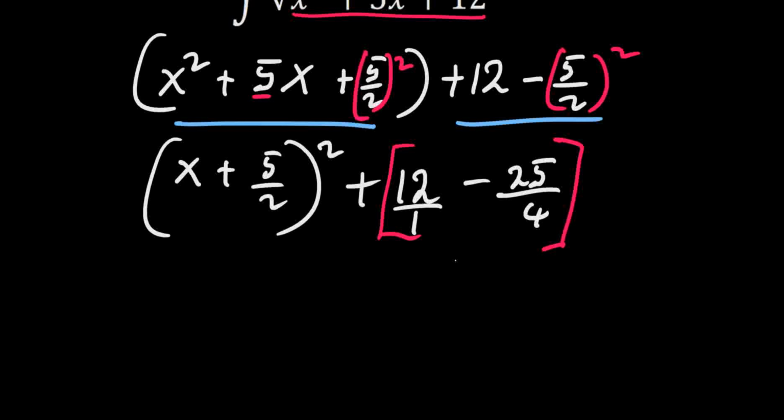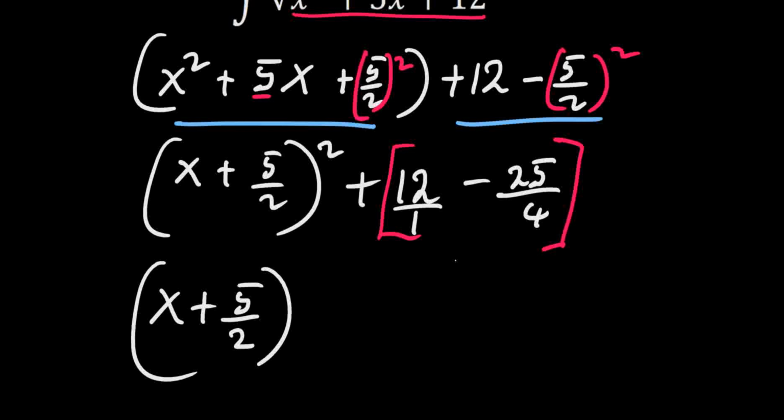So this will become (x plus 5 over 2) squared plus, the common denominator is 4, so we multiply 12 by 4, and that will give us 48. Also multiply 1 by 4, 4, minus 25 over 4.